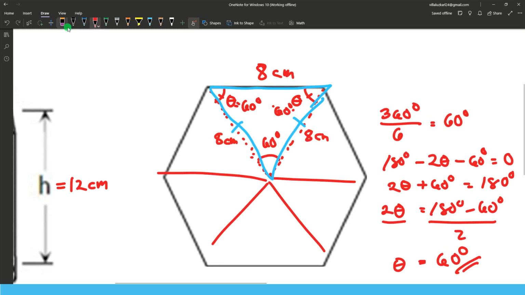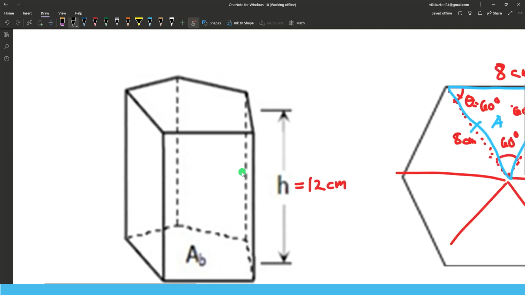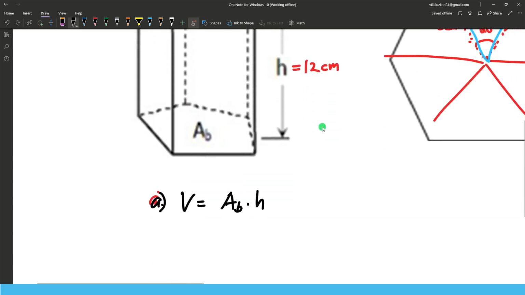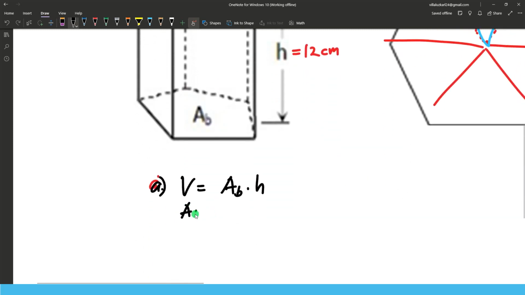8 centimeters. To compute the area of the base, just compute the area of a single triangle and multiply that by 6. So for the area of the base, going back here, the area of the base is 6 times 1 half AB sine theta.